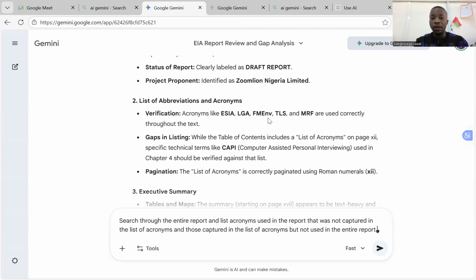So these are now where I can still add another layer to give me more of this. So let me send it.